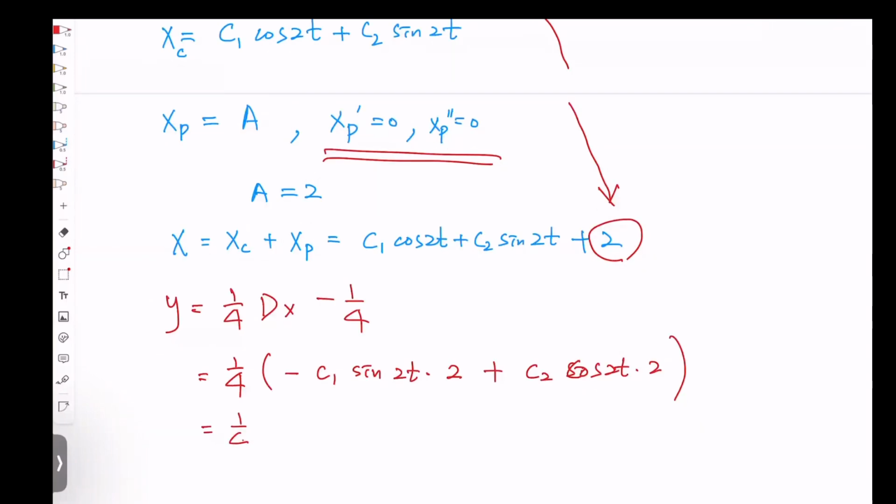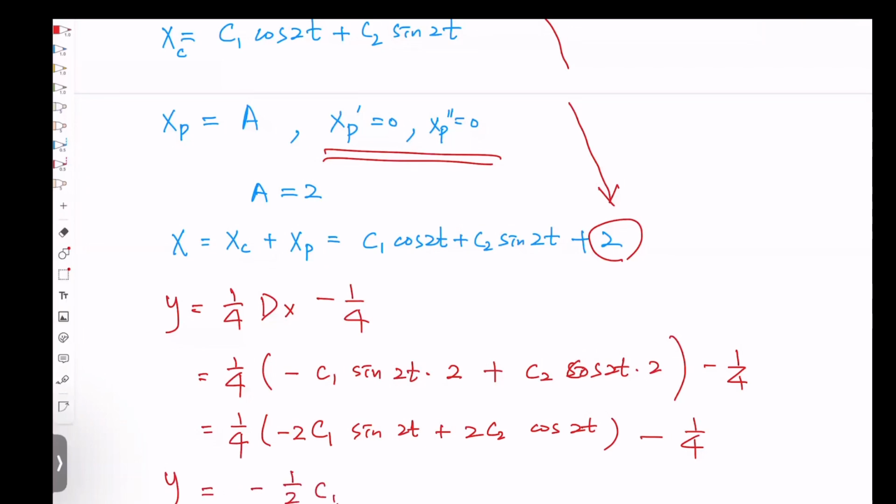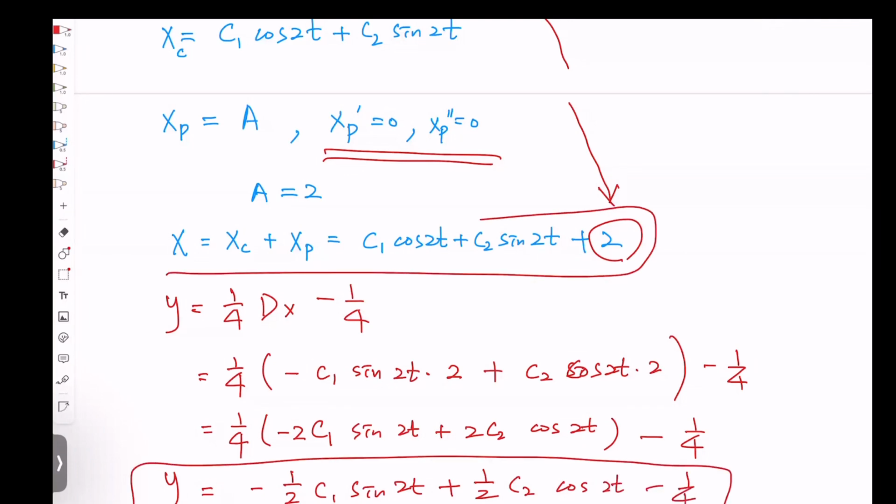We have 1 over 4 of negative 2c1 sine 2t plus 2c2 cosine 2t, minus 1 over 4. So that's it. We can write it one more time: negative 1 over 2 c1 sine 2t plus 1 over 2 c2 cosine 2t minus 1 over 4. That's y, and this is x.